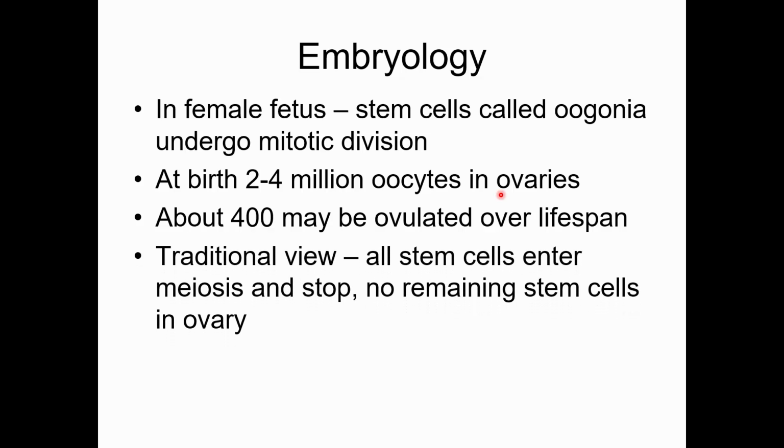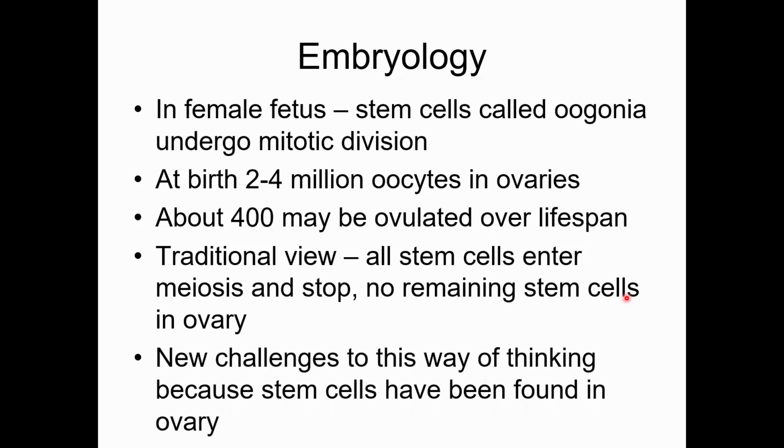So the traditional view is that all the stem cells in a fetal girl enter meiosis. The chromosomes are replicated, the chromosomes condense and line up in homologous pairs on the metaphase plate, and they all go into meiosis and then they stop, and there are no remaining stem cells.